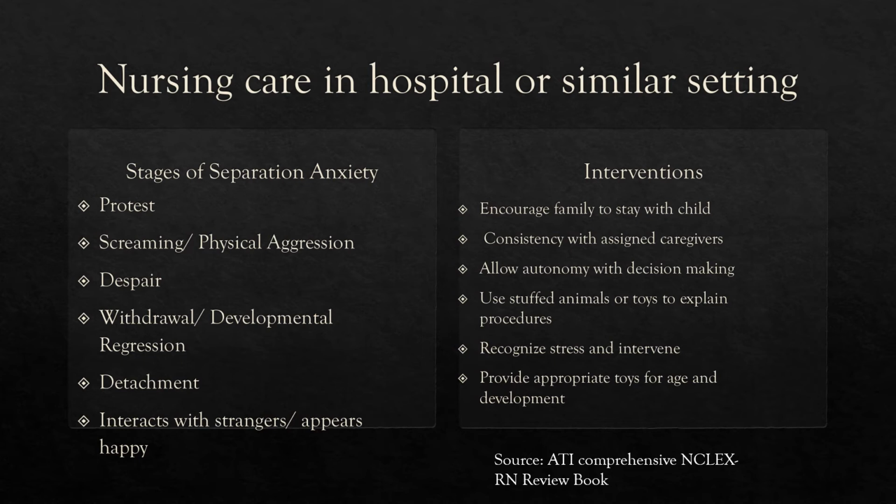Say, for instance, you bring the child a toy car, and we're talking about a toddler or 2-year-old, and you say, do you want the red car or the green car? Something as simple as that. And then also use stuffed animals or toys to explain procedures or treatments to a toddler. We'll just say in this whole scenario, we're talking about a toddler or a 2-year-old child.